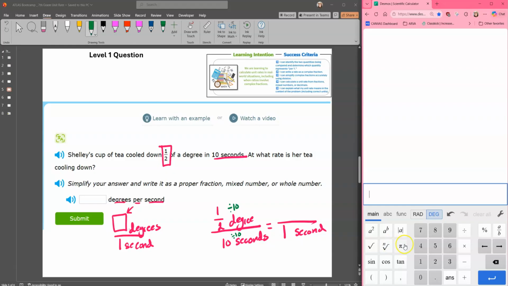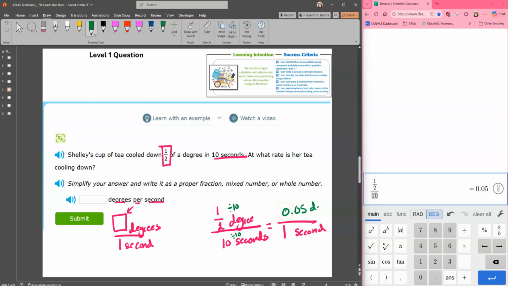I have 1/2 divided by 10. Take a second and look at that, because the way you put in division in your Desmos calculator is as a fraction. So this is 1/2 in the numerator divided by 10, divided by the denominator, which is 10. 1/2 divided by 10 is 0.05, and this was degrees.